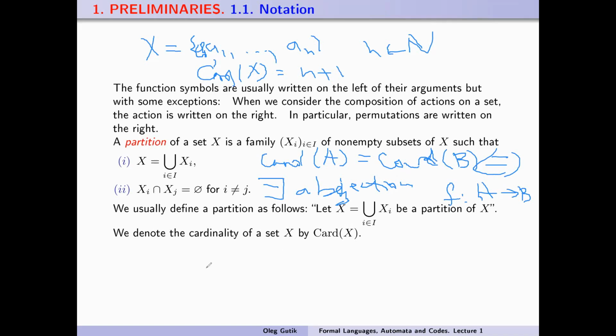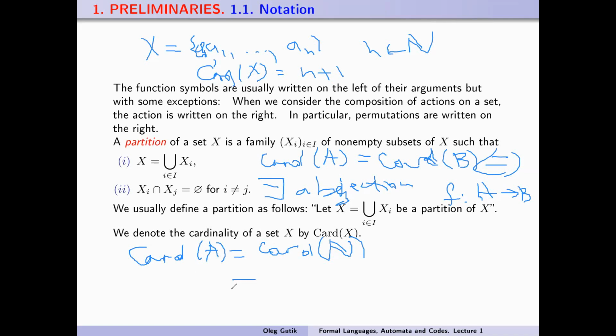Also, if the cardinality of the set A coincides with the cardinality of the set of all non-negative integers, then we call A infinite, and also A is countable.